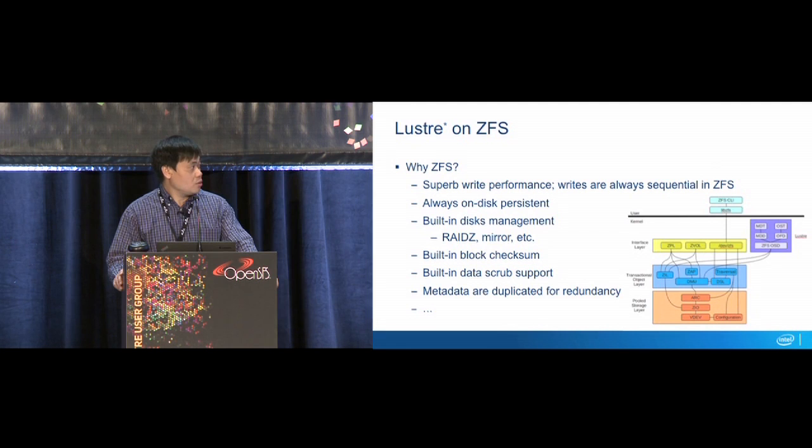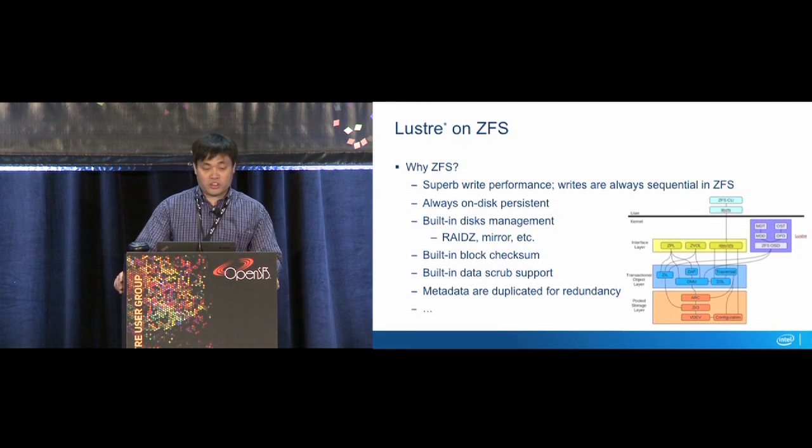It has several really great built-in features, for example, disk management, RAID-Z, mirror, etc. And also it has built-in block checksum and built-in data scrub support. Metadata is also duplicated in ZFS by default for redundancy. Therefore, you may be able to lose several disks, but your file system is still accessible.